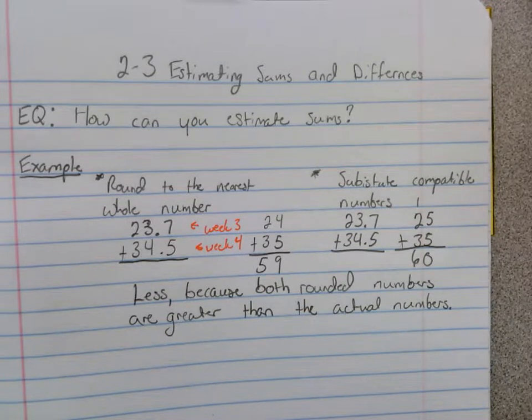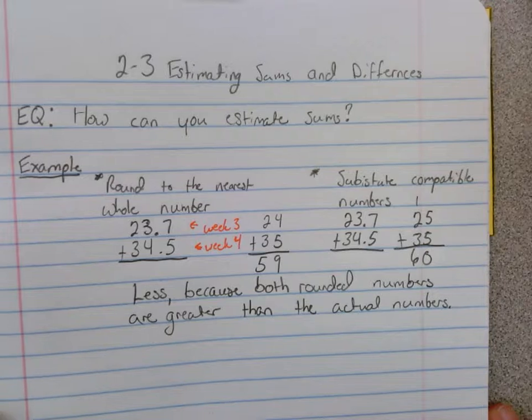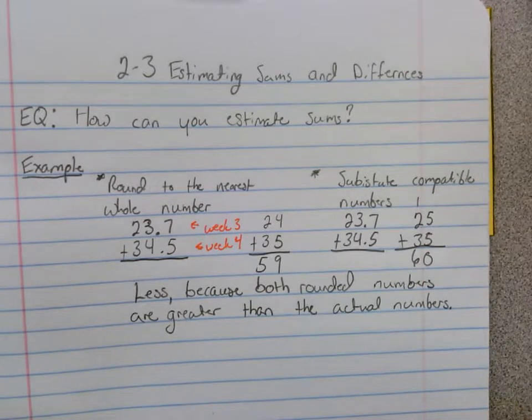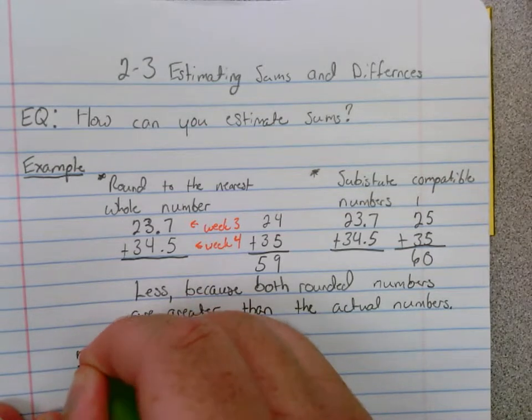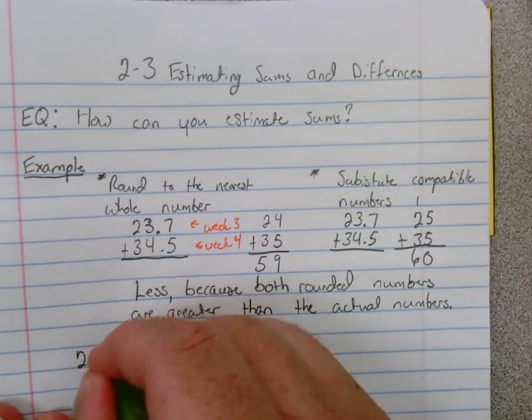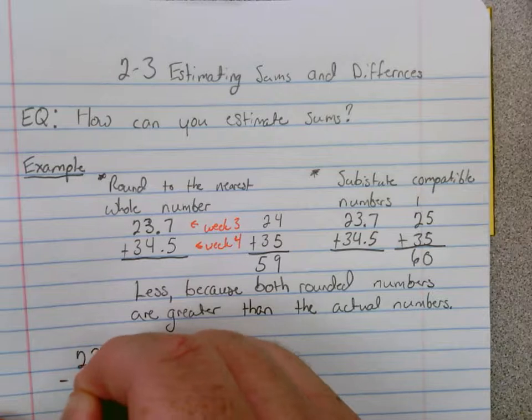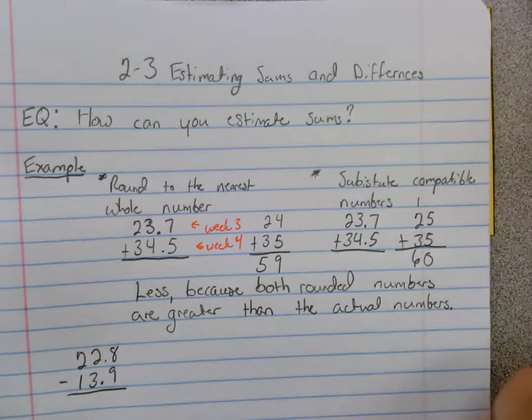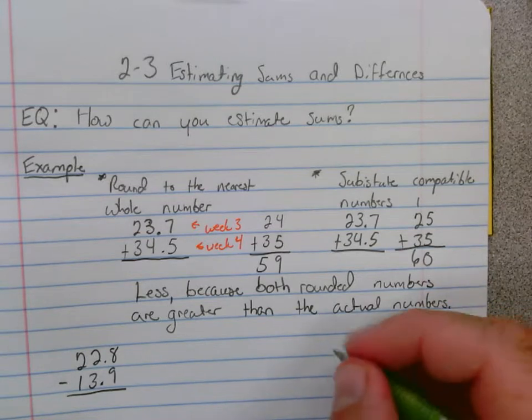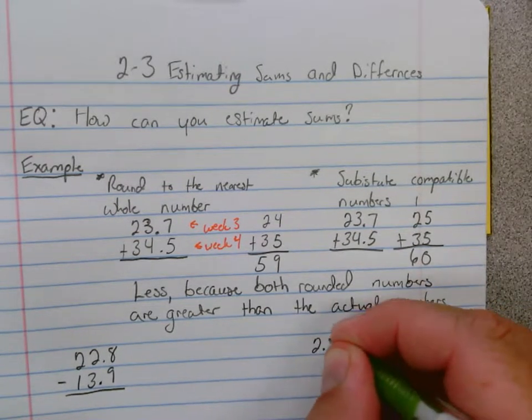So the next example I'm going to do is on page 36 in your book, and it uses 22 and 8/10 minus 13 and 9/10. So I'm going to write that on both sides.